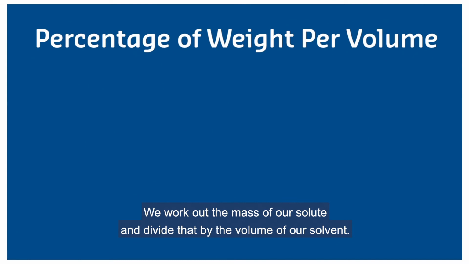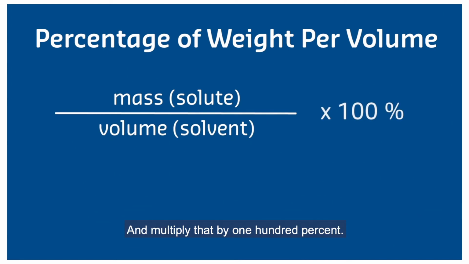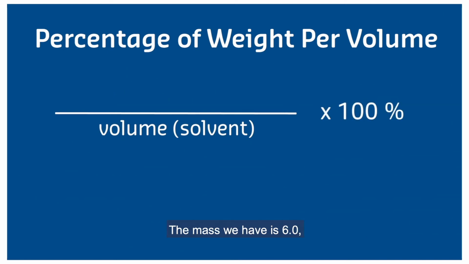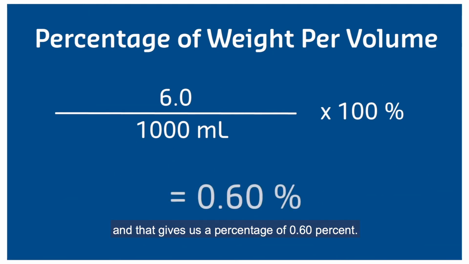We work out the mass of our solute, divide that by the volume of our solvent, and multiply by 100%. The mass is 6.0, our volume is a litre, 1,000 mL, times 100%, and that gives us a percentage of 0.60%.